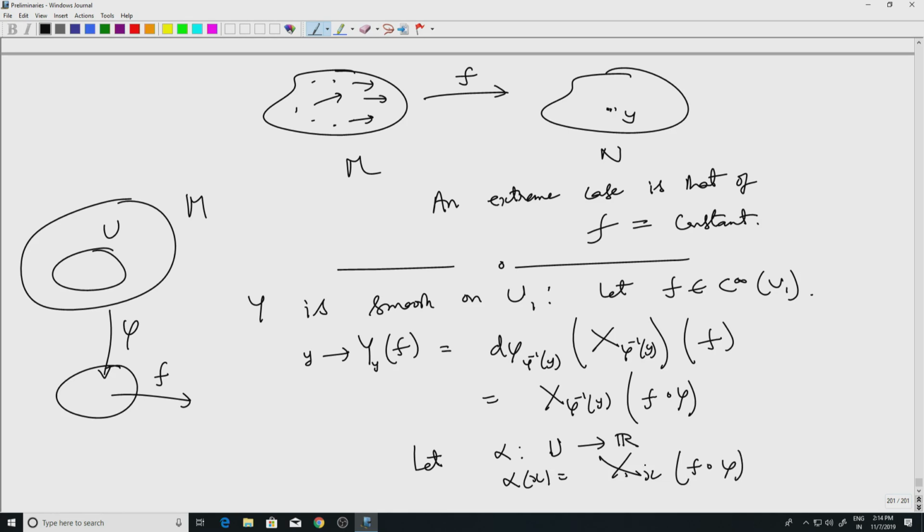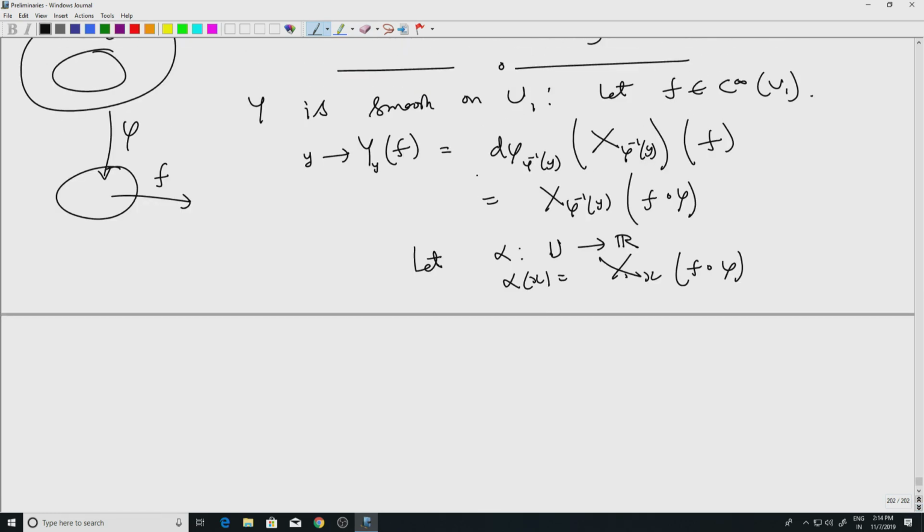This is one map, and the other map is phi inverse. Then this map y going to capital Y subscript y of f, let's call it G. Then G equals alpha composed with phi inverse.